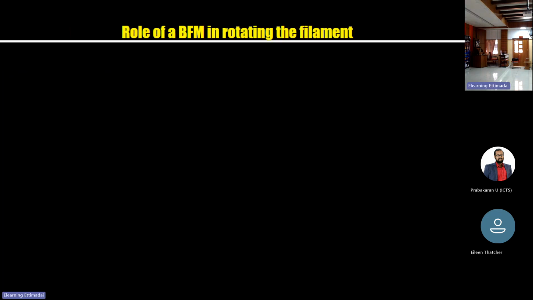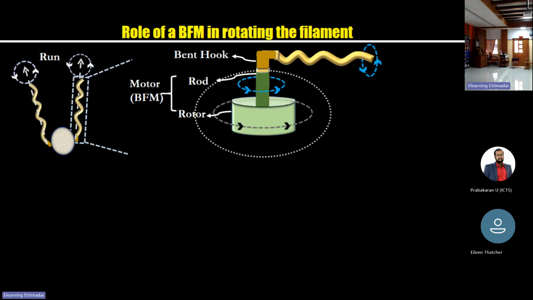Now I want to give a more microscopic description. Why does this filament rotate in the counterclockwise or clockwise direction? Say this is the run motion, in which counterclockwise rotation is happening.